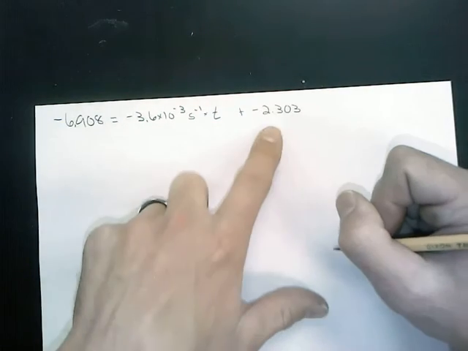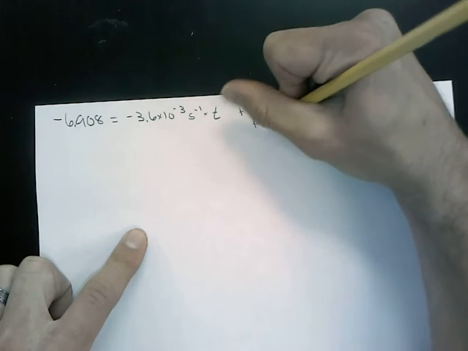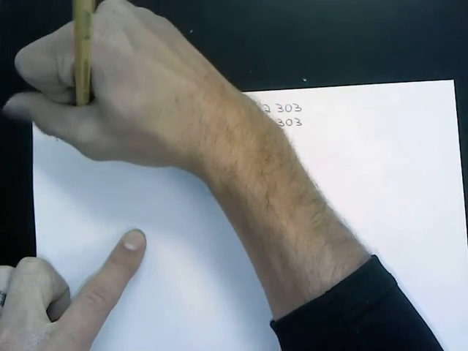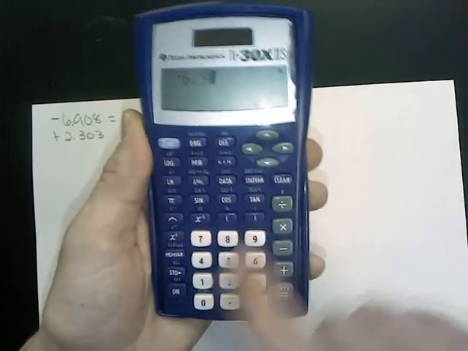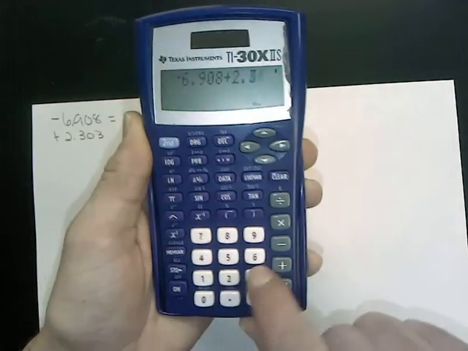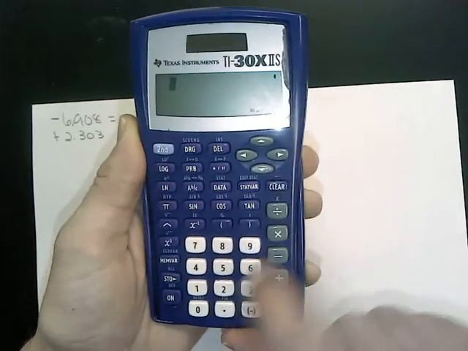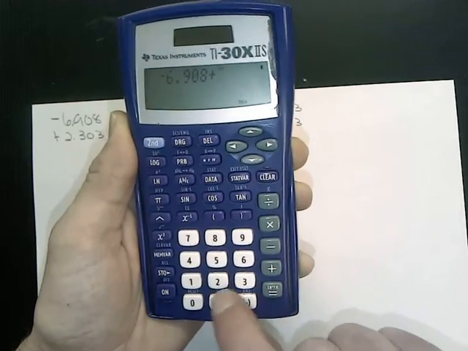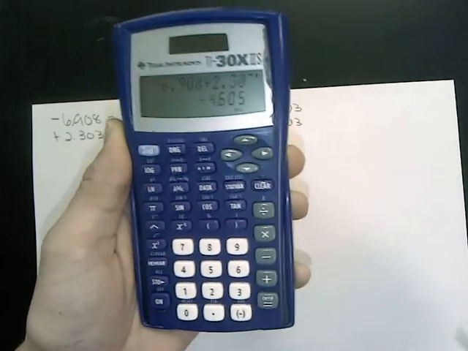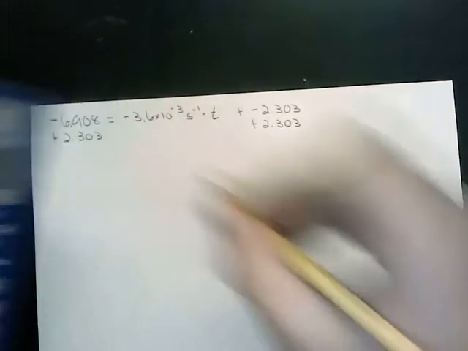We're going to get rid of this 2.303 by adding 2.303 to each side. So negative 6.908 plus 2.303, we get a value of negative 4.605.